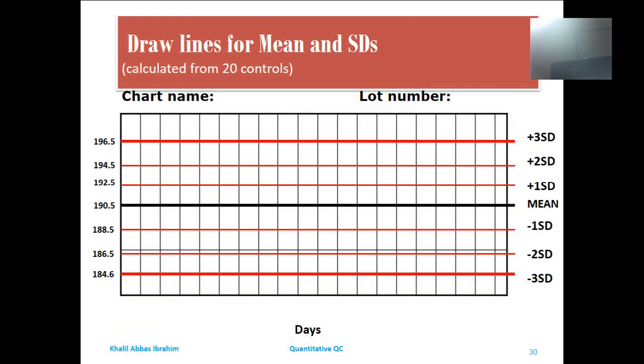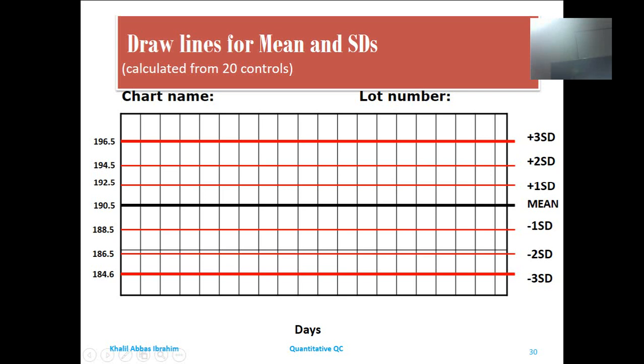The mean is the first value, and you need to place it in the center of the page of the paper, representing the true value, the central value, which is the true value. So the mean represents the target value.